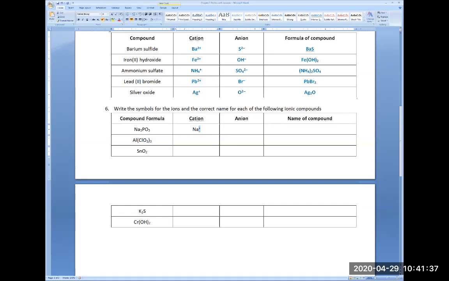So tell me the name of this ion that has PO3. And the formula here doesn't tell you what is the charge on PO3. But you still can find it and tell me the name.